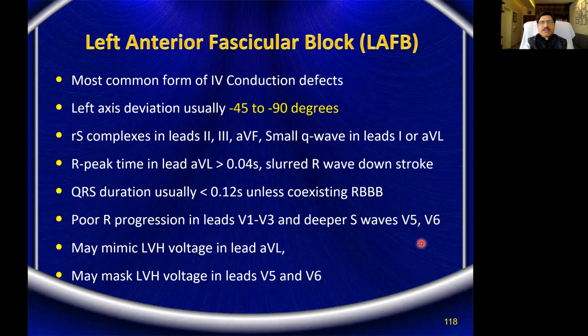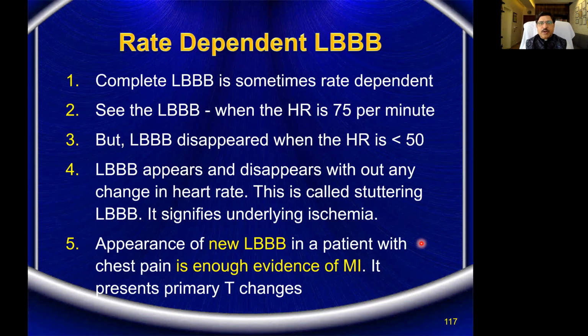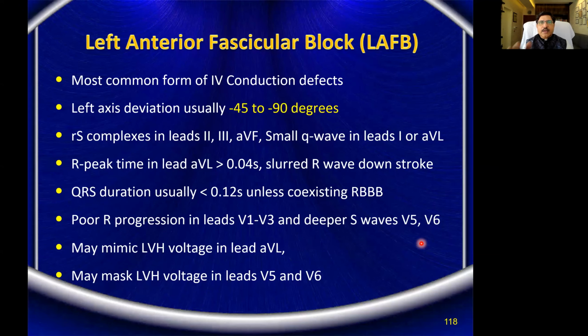This is the commonest conduction defect, and again is a sign of underlying ischemic heart disease, not infarction, but ischemic heart disease. The previous one was an infarct, this one was an infarct, whereas here ischemia is suggestive. The commonest conduction defect you can see is left anterior fascicular block, also called the LAFB.